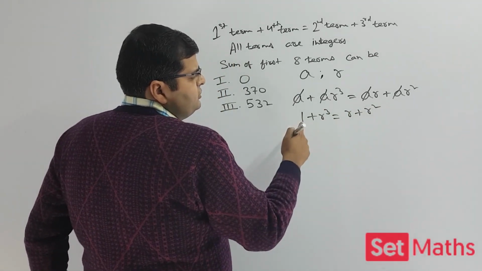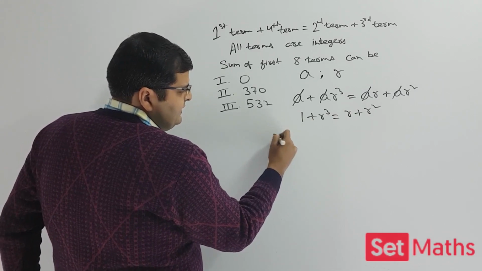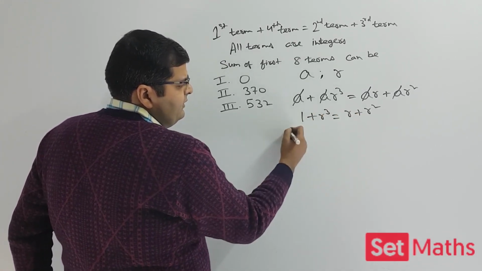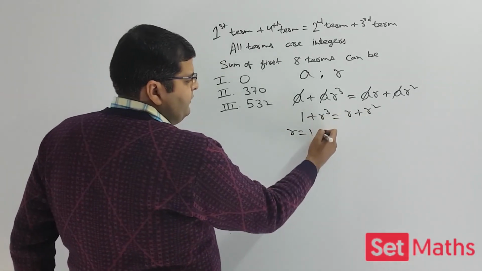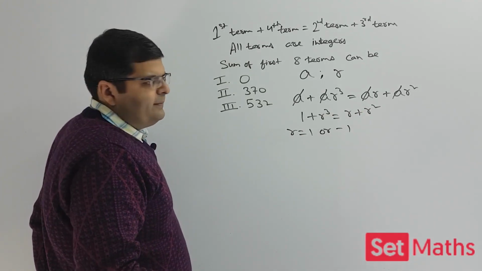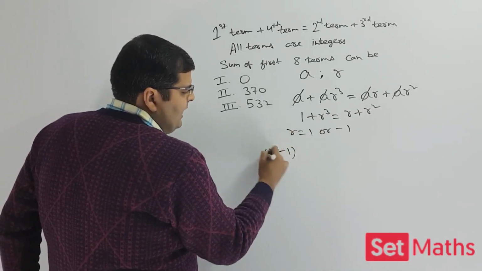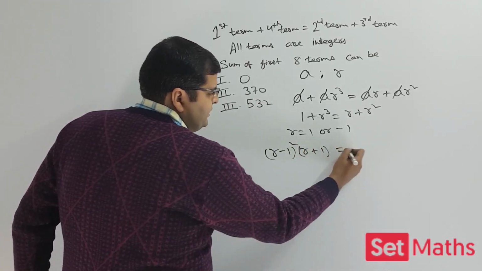All right. So over here, if you solve this, what we'll get is r cube. Actually, what you can do is you can put r equal to 1. If you put r equal to 1, it will satisfy this equation. Also, if you put r equal to minus 1, that will also satisfy this equation. In fact, if you factorize this equation, what you'll get is r minus 1 whole square times r plus 1 equal to 0.